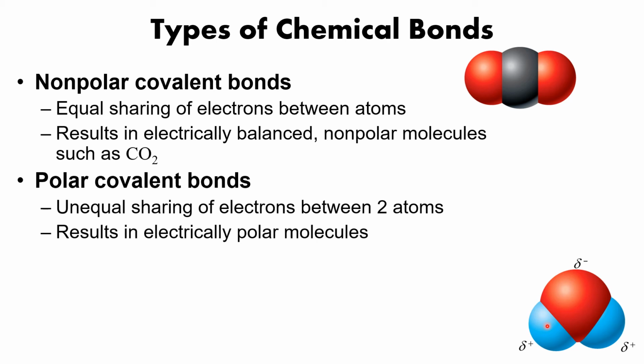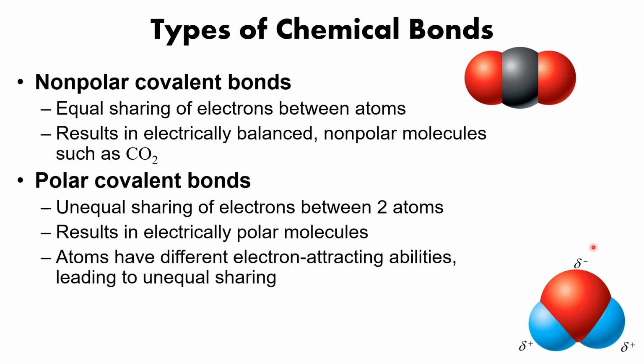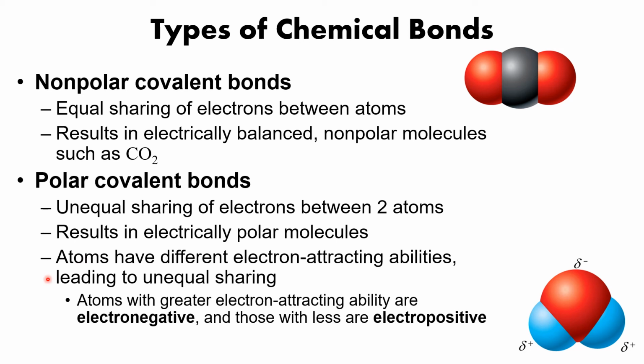Okay, this is what's happening in a polar covalent molecule. So it's causing a slight negative charge because the oxygen is pulling the electron towards its body, and the hydrogens are having an electron pulled away from themselves, which makes them slightly positive. So we set up this situation where we do not have an equal sharing, and you actually have some charge associated with this molecule. Okay, so many atoms will have different electron attracting abilities, and this will lead to that unequal sharing.